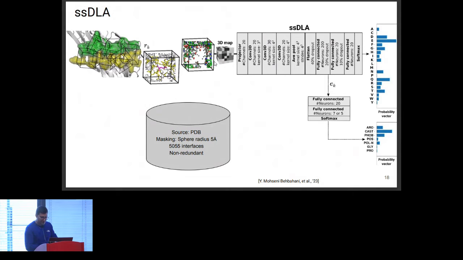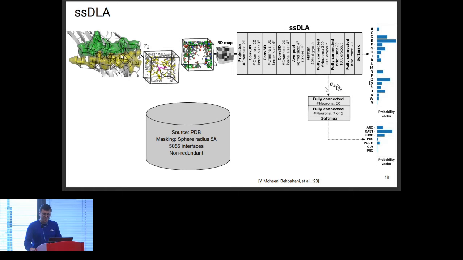We mask it here and it goes through a series of 3D convolutional neural networks. And the task for the SSDLA is to predict the masked amino acid. And after training, we can extract some embeddings from the model that can help us in the PPI-related tasks.